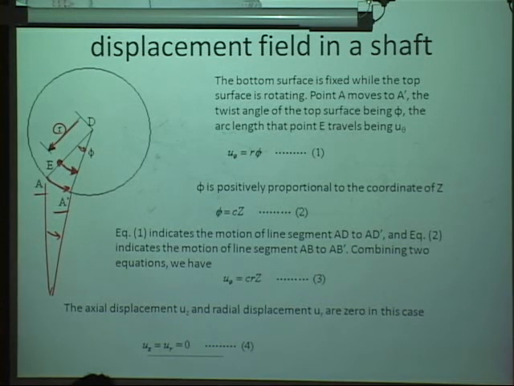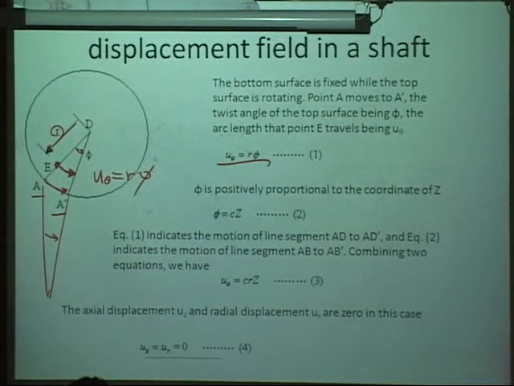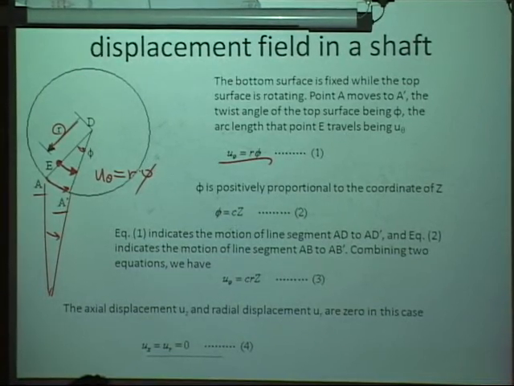And simply, the U, let's say this is the hoop direction, the theta directional displacement is simply r times phi. Okay, r times phi.